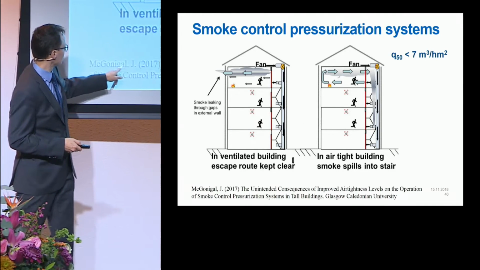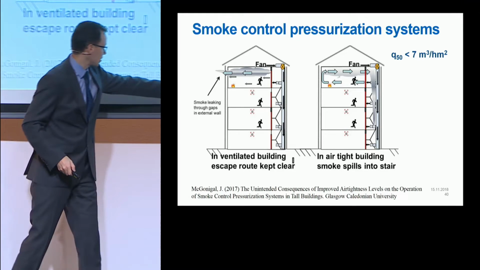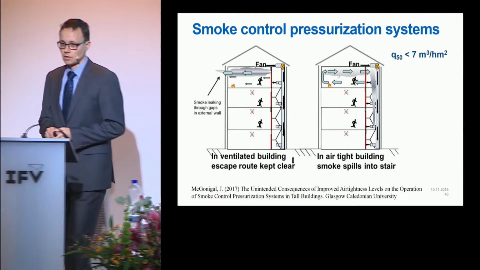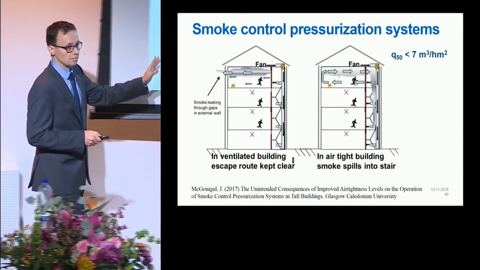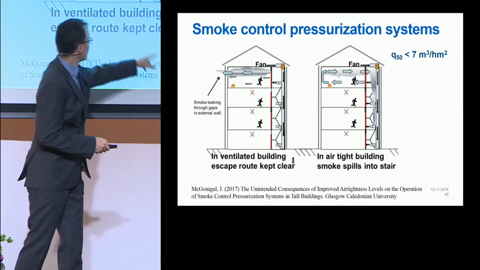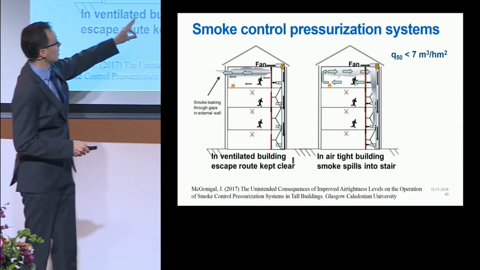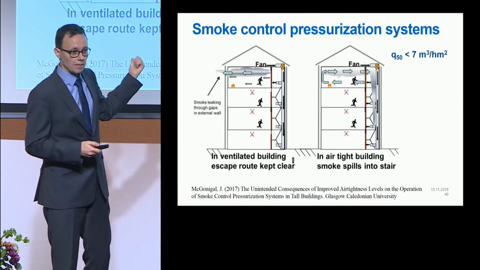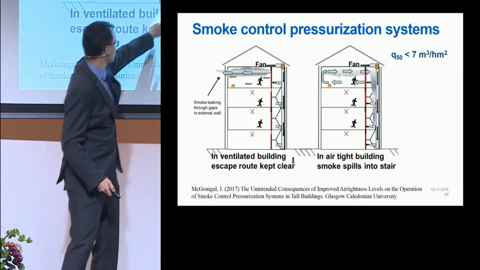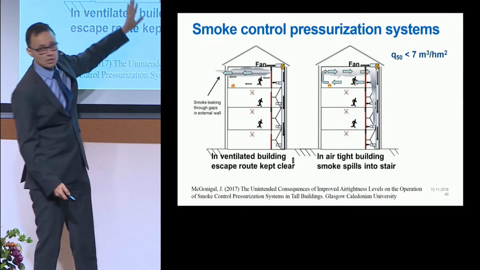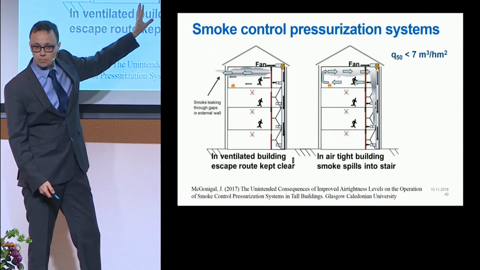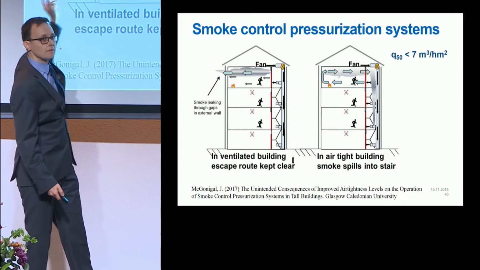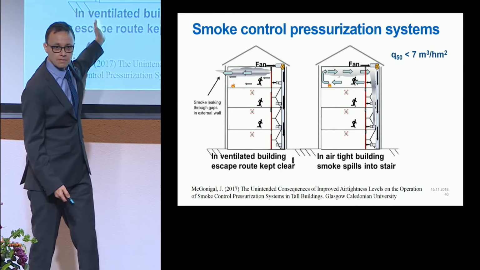Jim McGonigal from the Glasgow Caledonian University looked at the problem from the viewpoint of staircase pressurization systems, basically showing that in traditional UK buildings, in order to pressurize the staircase, it was just enough to provide the overpressure. The leakage of the building envelope was enough to provide the relief path.